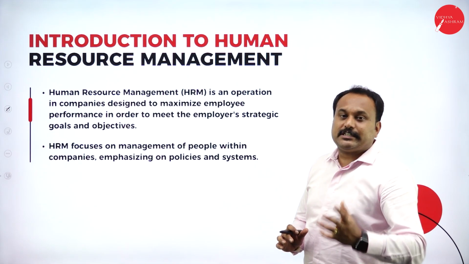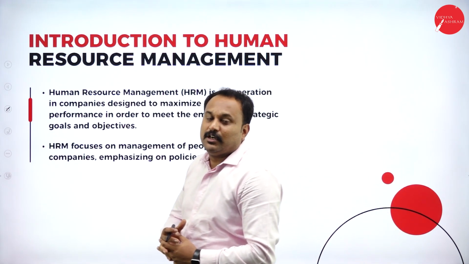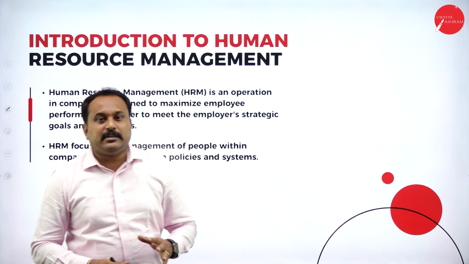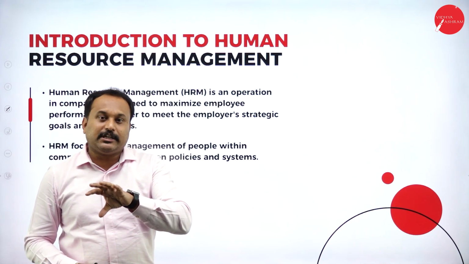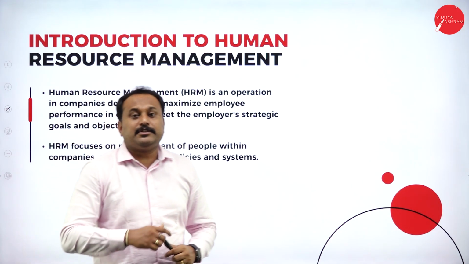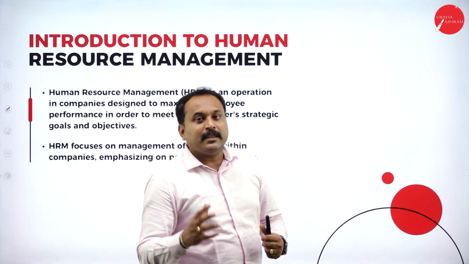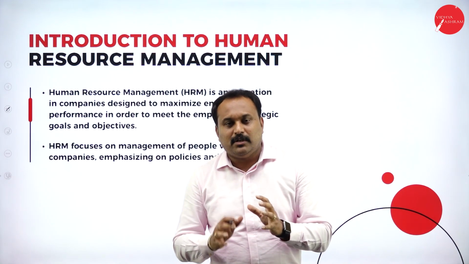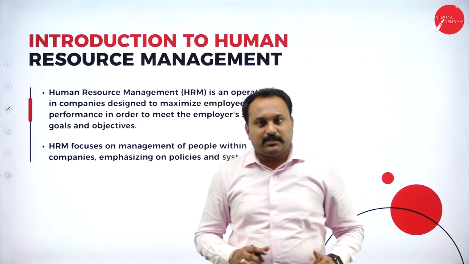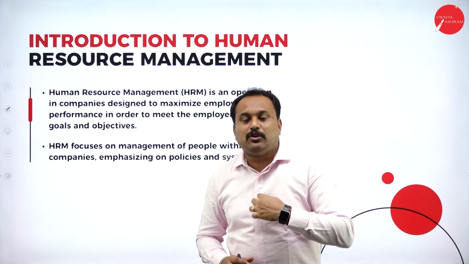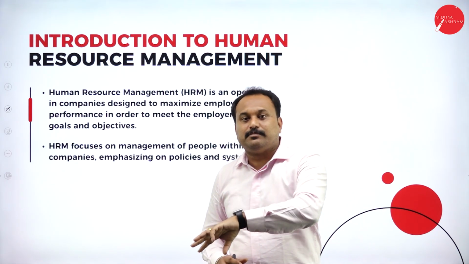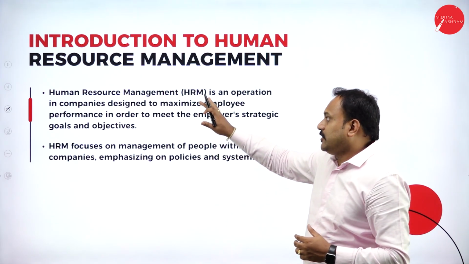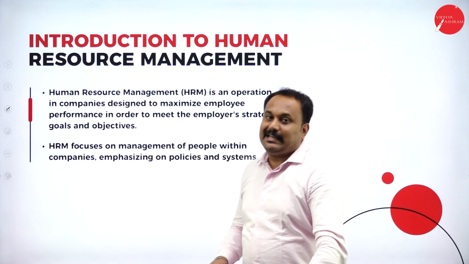The goal and objectives of human resource management: we are supposed to know that the objective of human resource management is also the same as the objective of management. The first objective of human resource management is very simple, that is organizational objective. The second is individual objective. The third is societal objective. So these are the objectives of human resource management. You will understand them here in the first chapter itself.